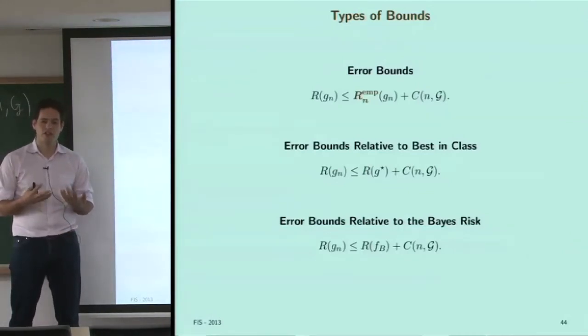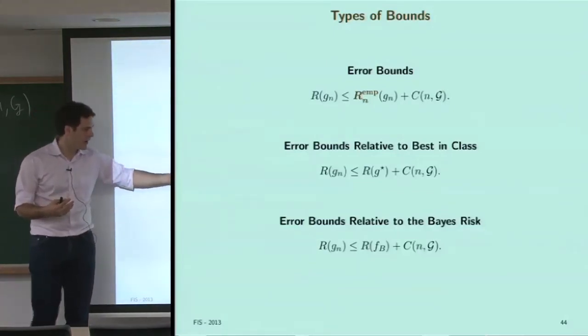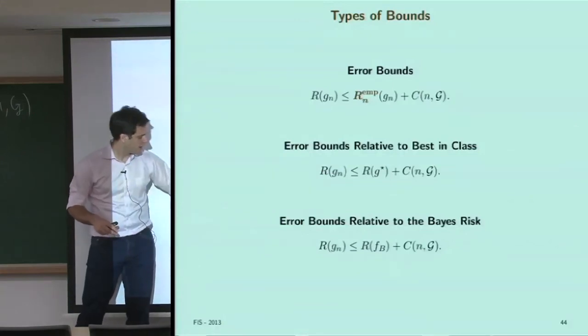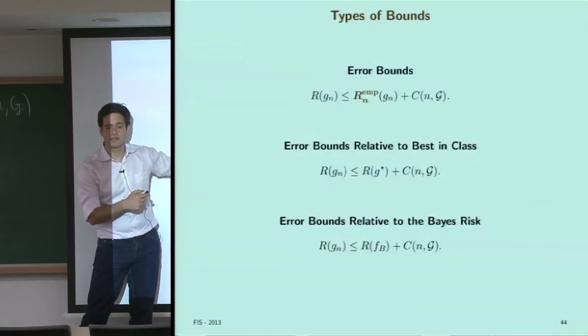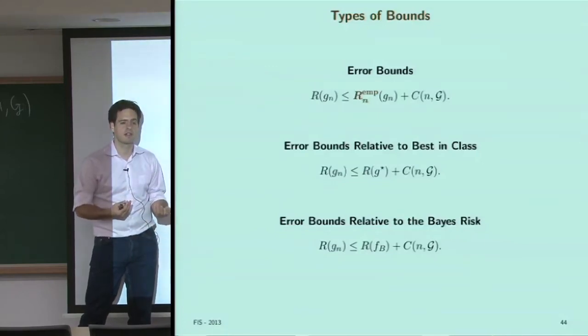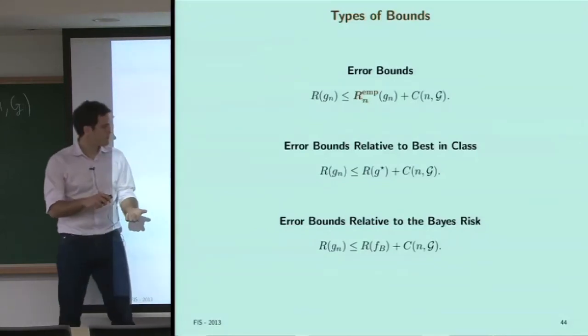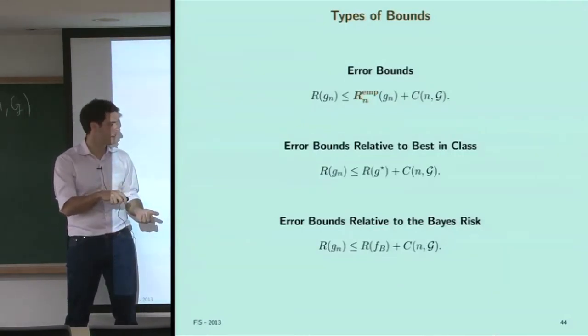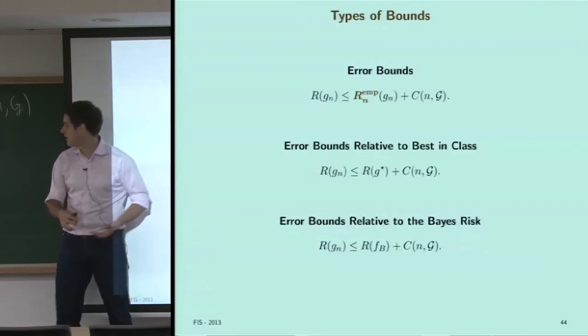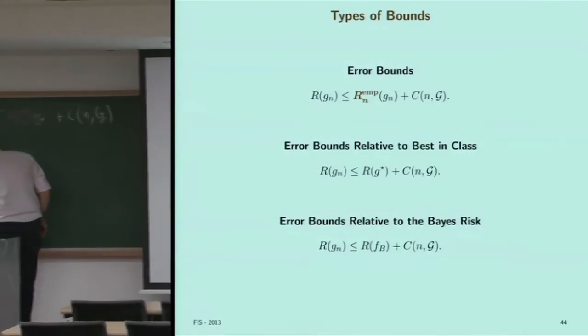The theory is not just an exercise in mathematics. It's trying to provide answers for people who run algorithms, g of n, and those answers take the form of those bounds here. They're somehow guarantees. So sometimes those bounds are very loose. So for instance, those c here are so big that they're just saying something like this.